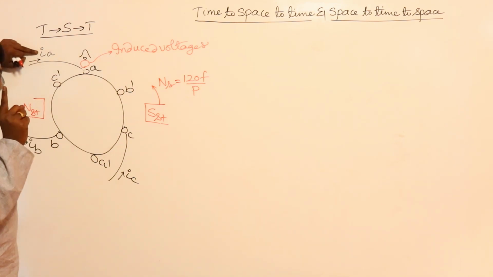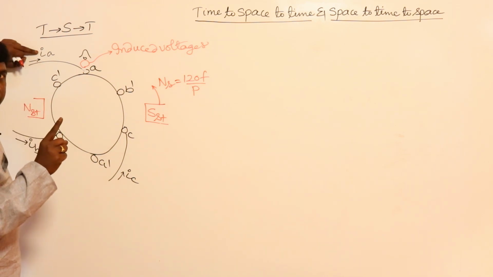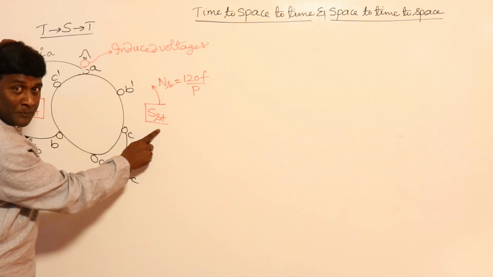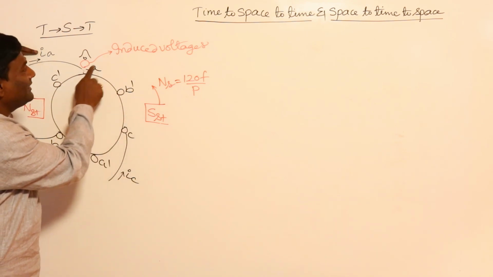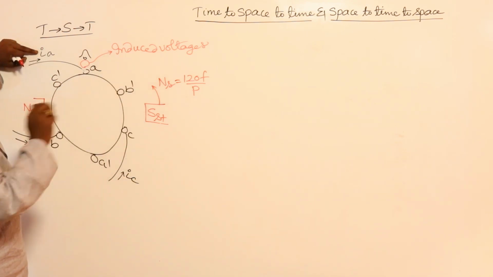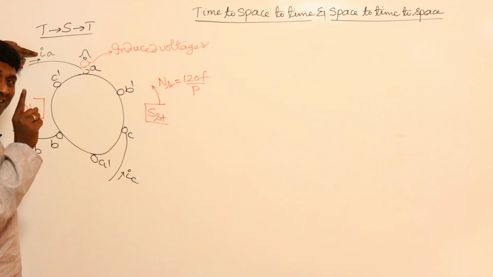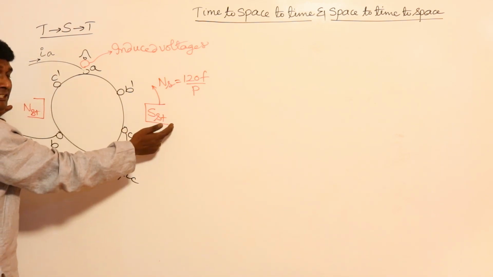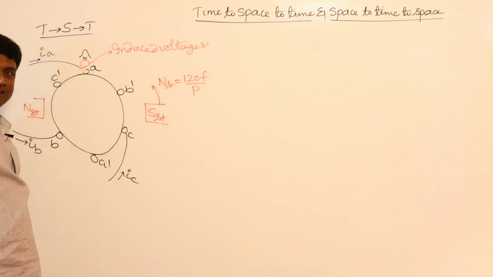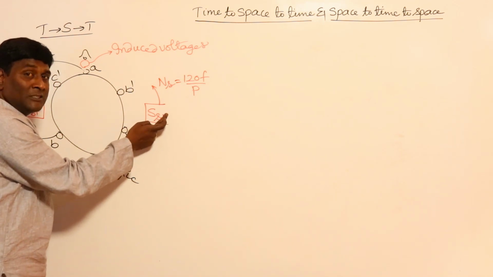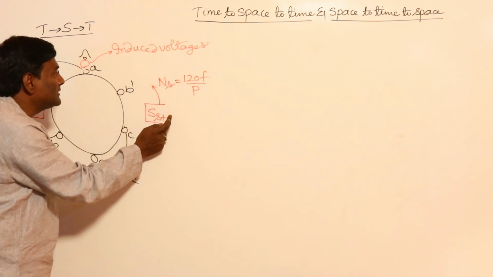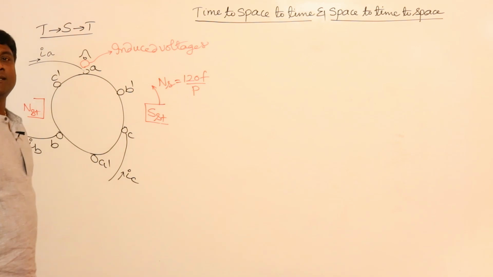If I wait for one cycle in time, one revolution in space, one cycle in time. So time to space to time: in time if I wait for theta degrees, in space this will be rotated by theta degrees in space. Because of the space displacement of this MMF in space, there will be induced voltage in time.